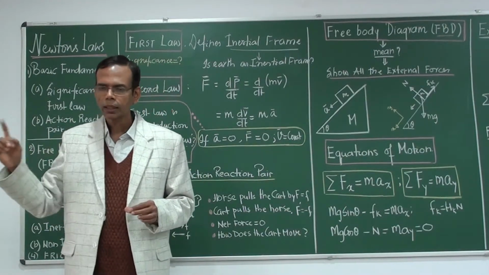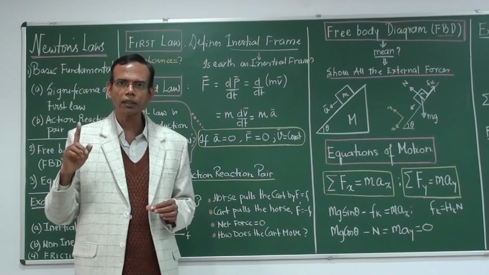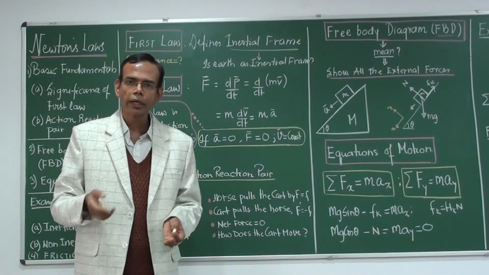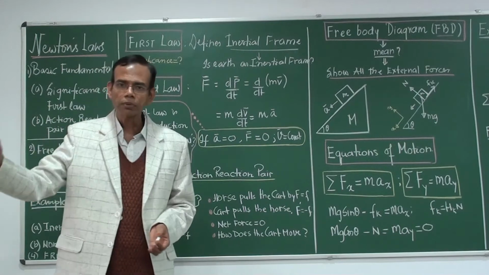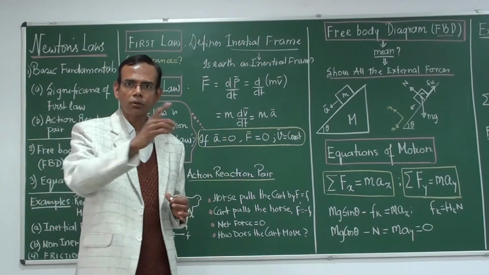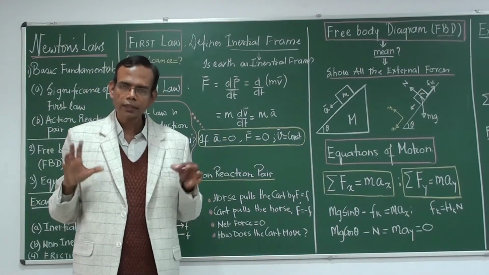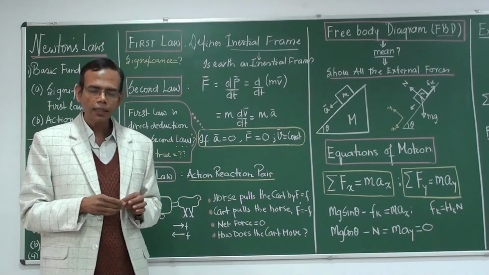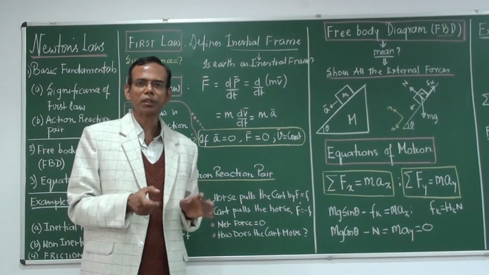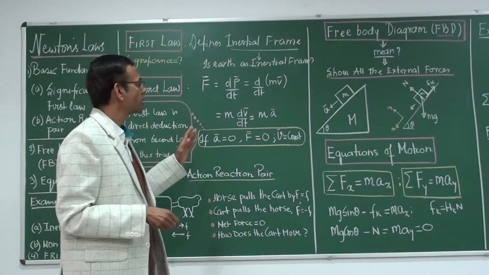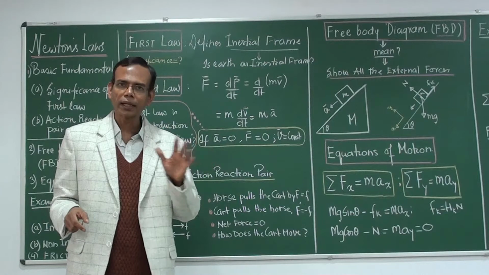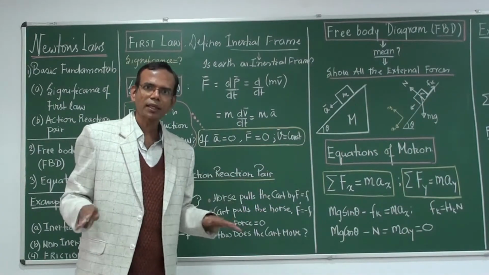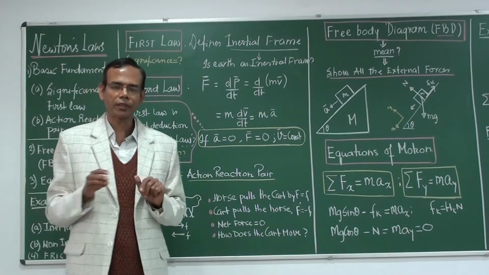And the rotation of the Earth around the Sun is still smaller. If you consider the rotation of the Sun and its system around a point in the galaxy, it is still smaller. So those things are neglected. Even this spinning is much smaller compared to g, and that is why for all practical purposes we can neglect that and we consider Earth as an inertial frame of reference.